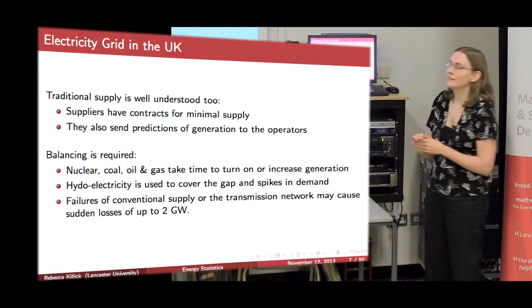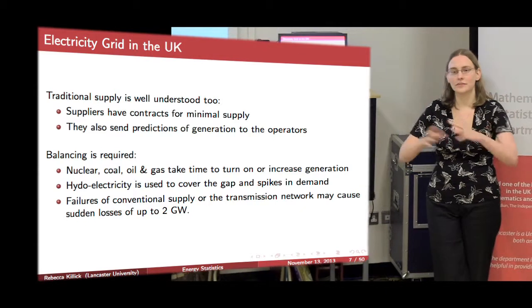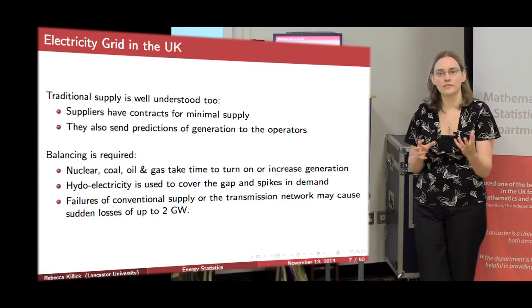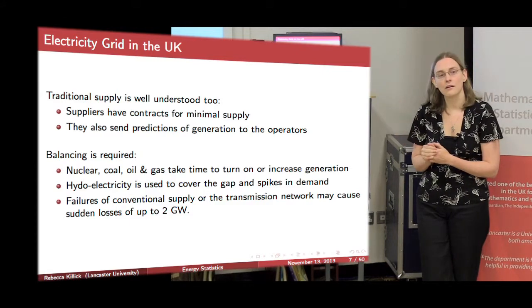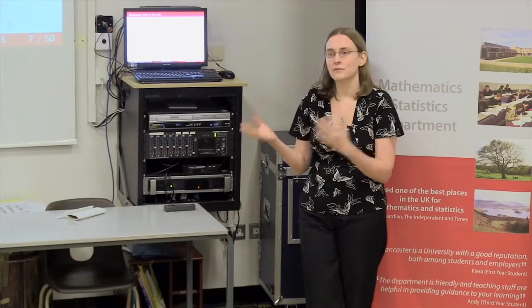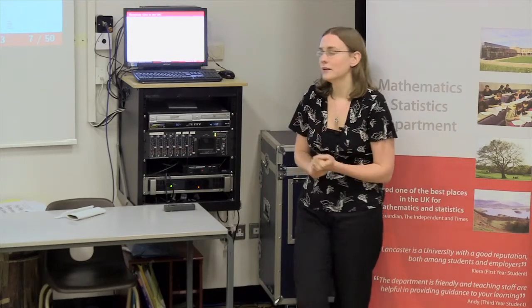Okay. And typically as well, if you've got a failure in the system, so say you've got this big network of all the grids and one of your nodes goes down, that can create up to a 2 gigawatt loss as well. So that is also when we use the hydroelectric plants to sort of stop gap.